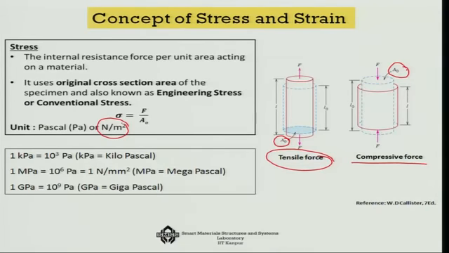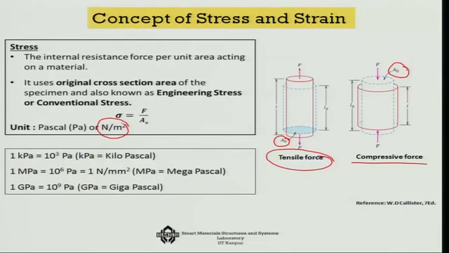Rubber will have modulus of elasticity between kilopascal to megapascal range. Steel has a modulus of elasticity definitely in the gigapascal range, 200 gigapascal or so. So, that gives an idea of what kilopascal, megapascal or gigapascal means.